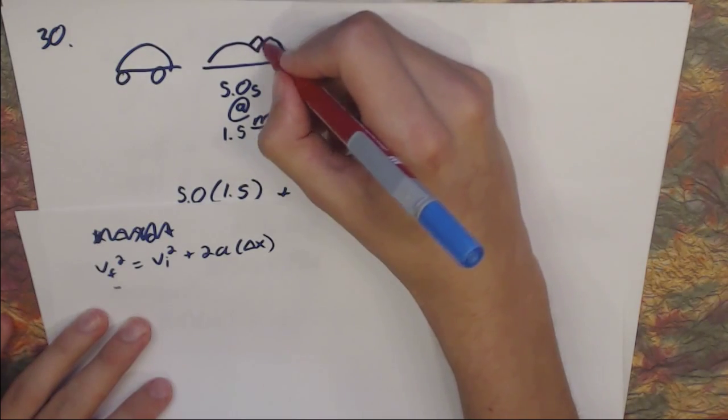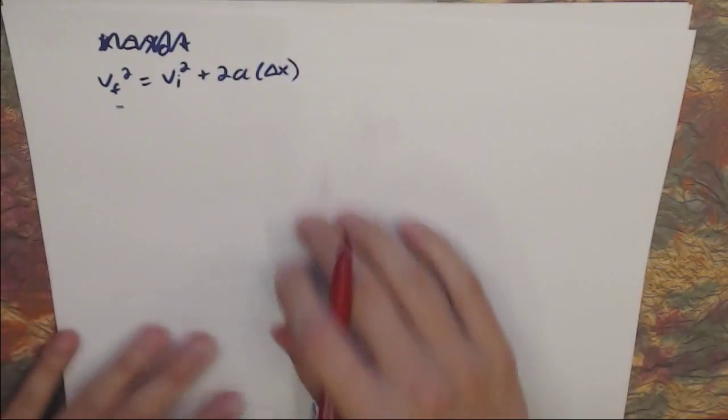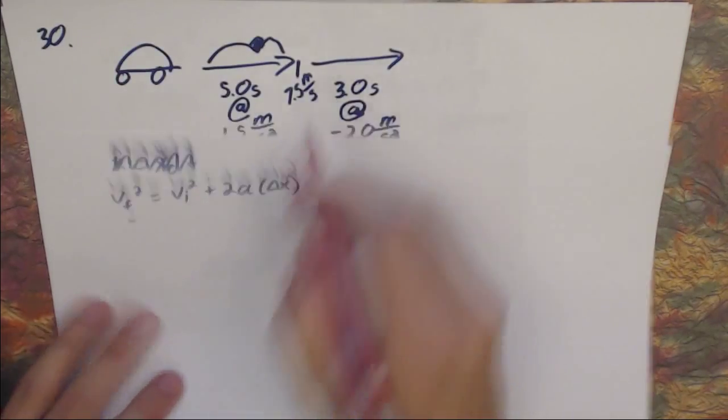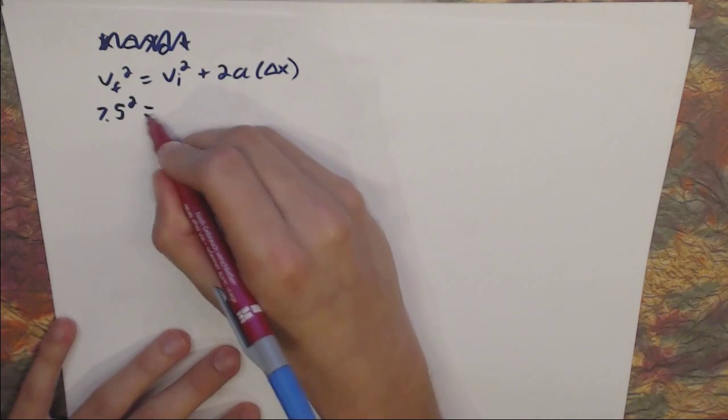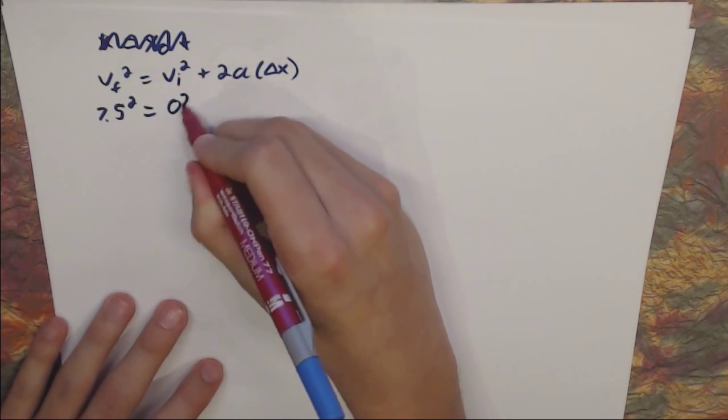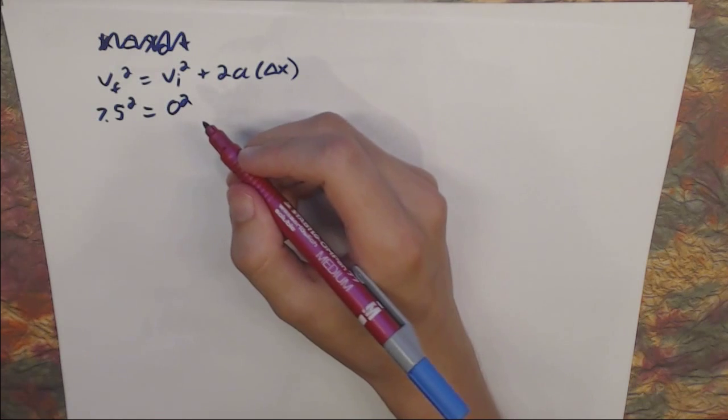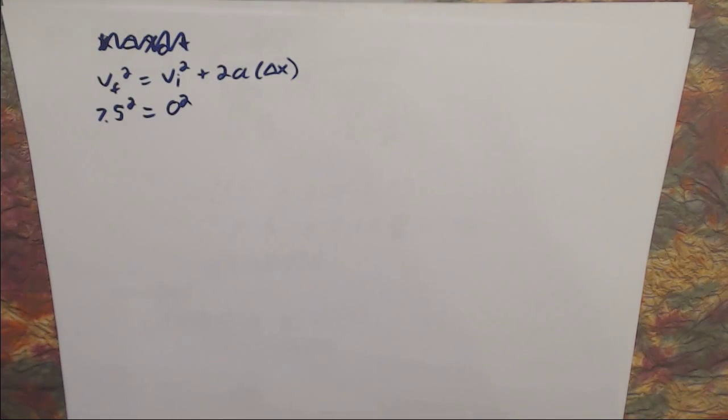And that was a failed bracket if I've ever seen one. So our final velocity, 7.5 squared, equals our initial velocity, which is 0. And I believe that's given in the problem. Yeah, the car starts from rest, so the initial velocity is 0.